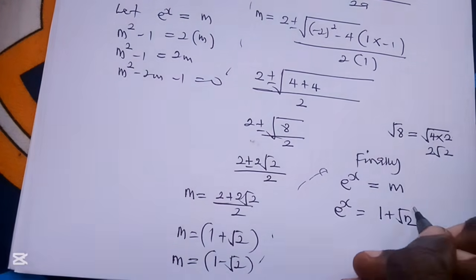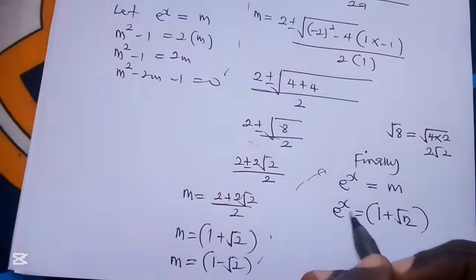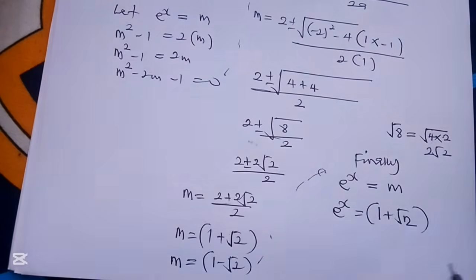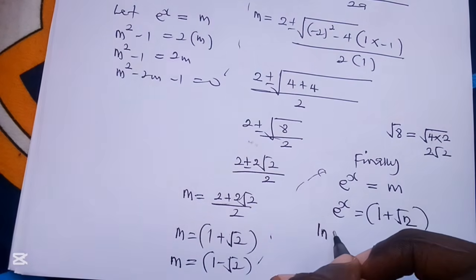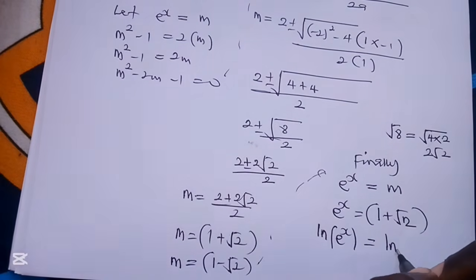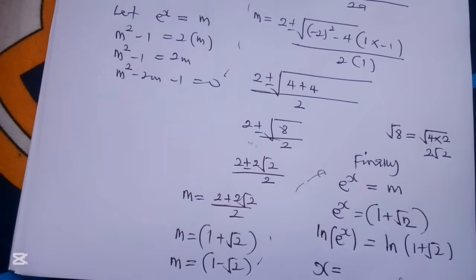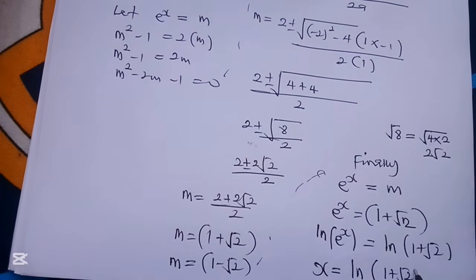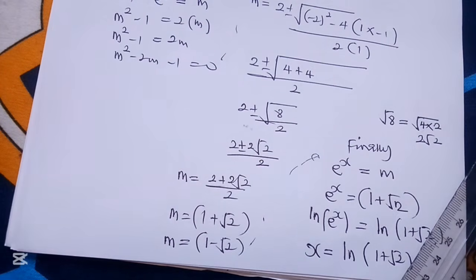From this, we take the natural log of both sides to eliminate the e. Then you can see ln of e raised to the power x is equal to ln of 1 plus root 2. Then the ln cancels the e, and automatically the value of x that we have to find becomes ln of 1 plus root 2. So this is what we have to find in respect to the problem that we are given.